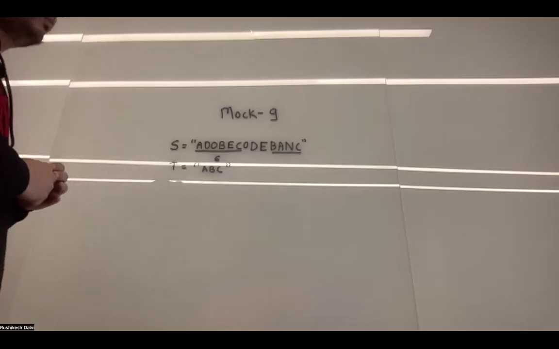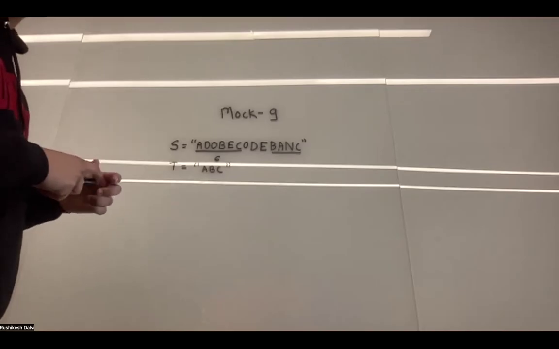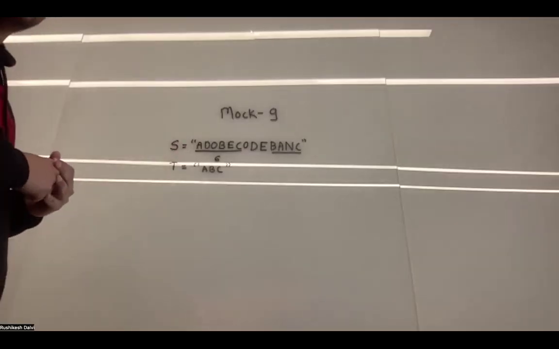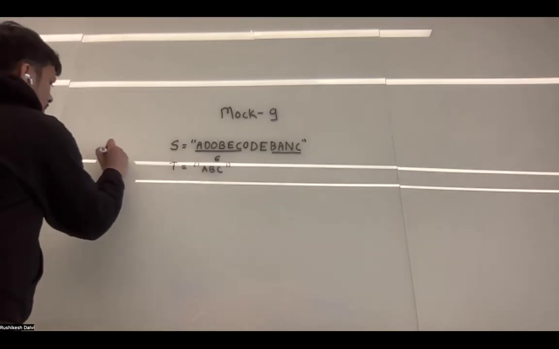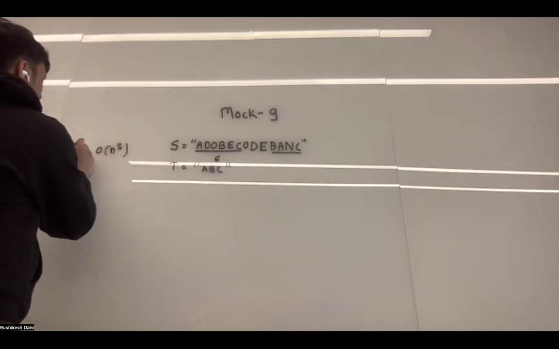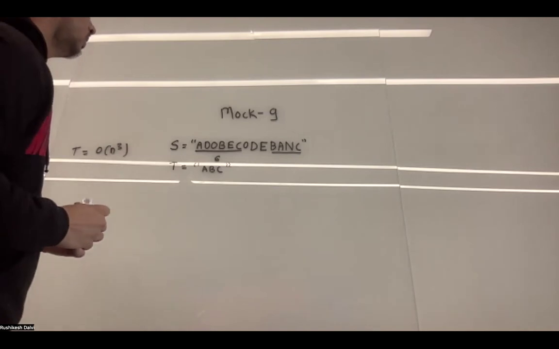In the worst case, the entire string will be a substring. So that will be O of n cube basically, since for each and every substring you have to go over it. So for brute force, time complexity will be O of n cube.